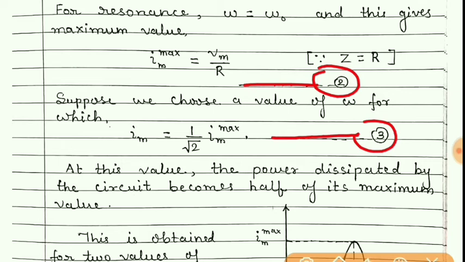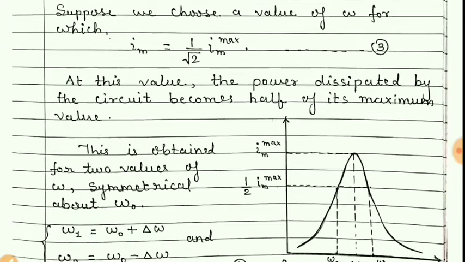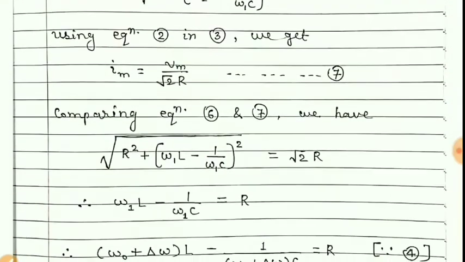We get, just look here, what we are going to do: this Im maximum, which is Vm upon R. So in place of this Im maximum, we will put Vm upon R, and we will get Im is equal to Vm upon root 2R.